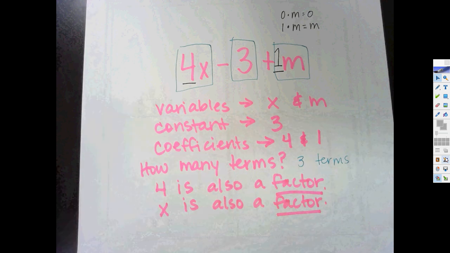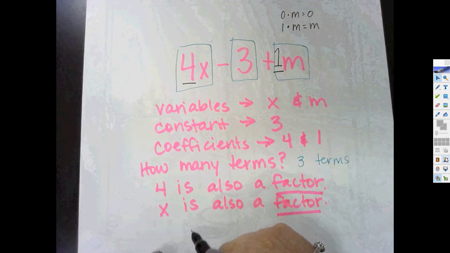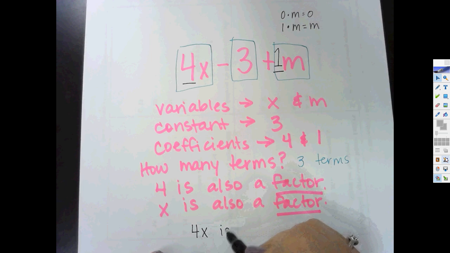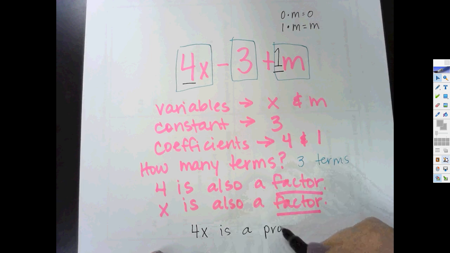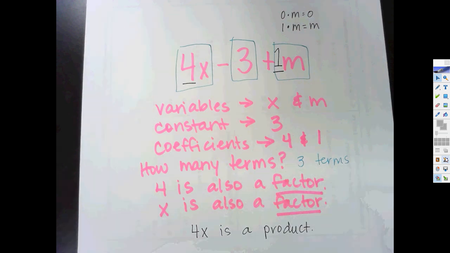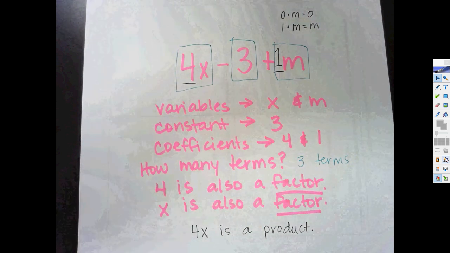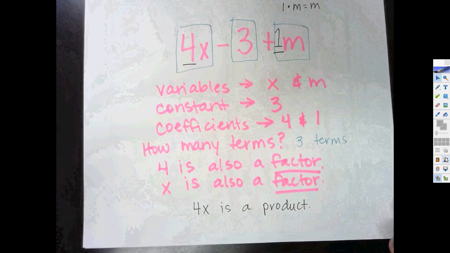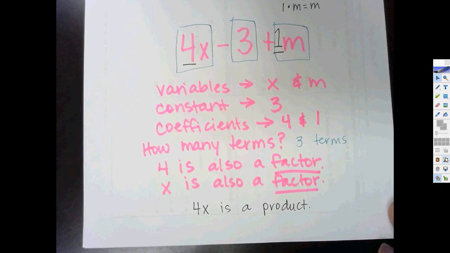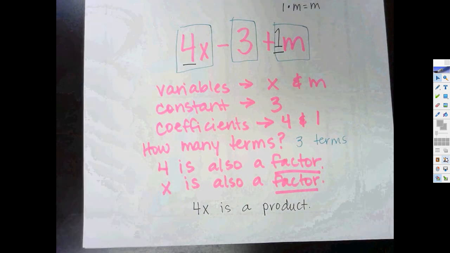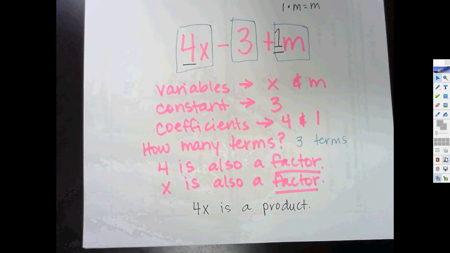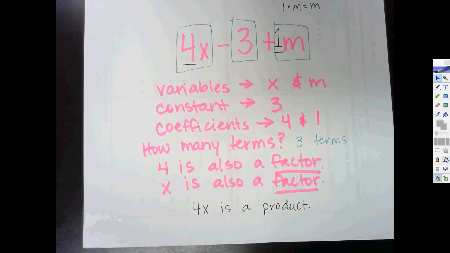Lastly, 4x is a product, because if I knew what x was and I would solve 4 times x, the answer would be a product because I'm multiplying them together. So this is just kind of how you work through looking at the expression and picking it apart one piece at a time.